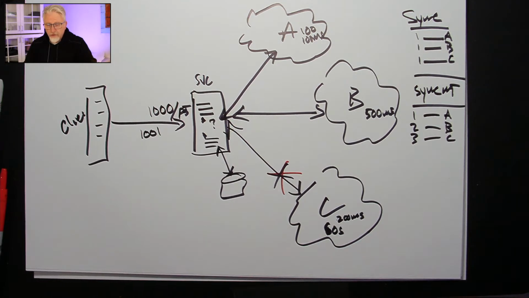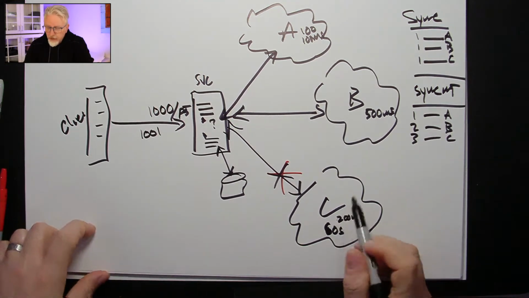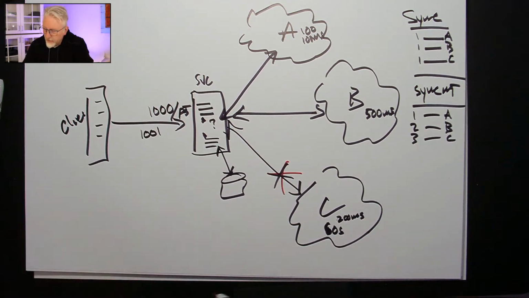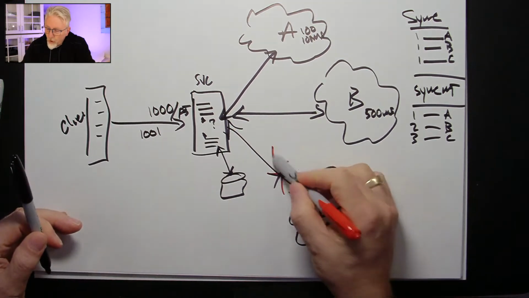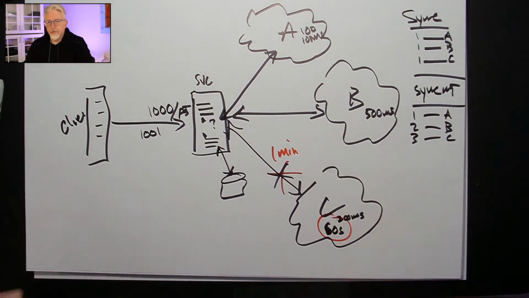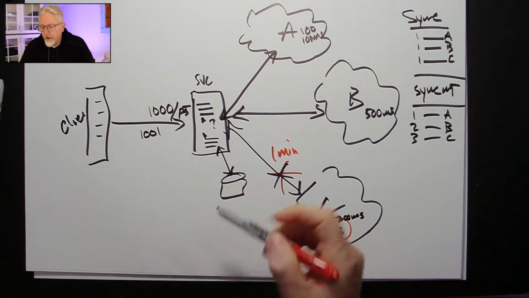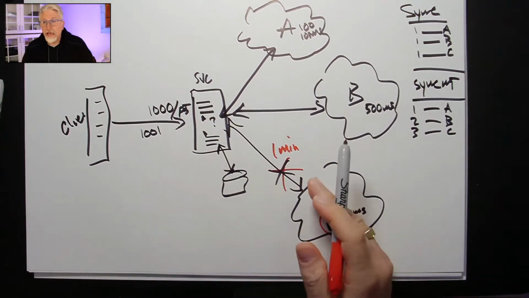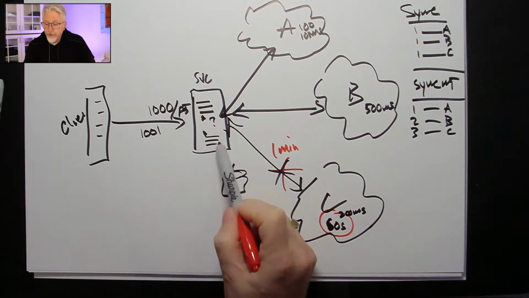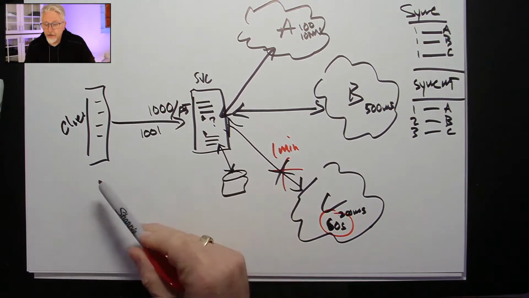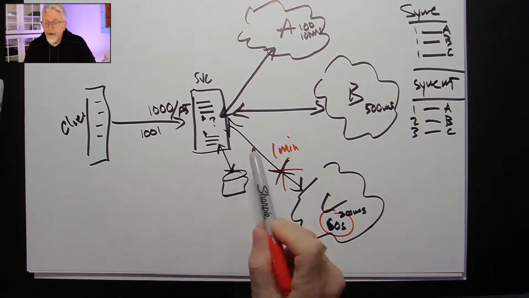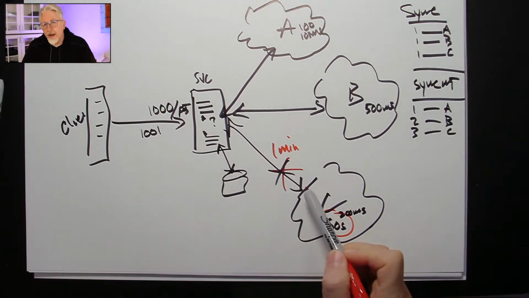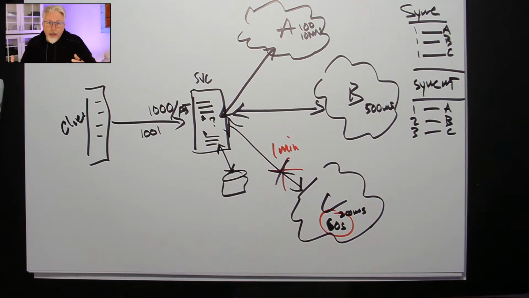Everything's synchronous, but the minute service C, and I'm going to circle this right here, goes to that 1 minute response time, all of those threads will come in going to A, going to B, going to C, or in parallel going to C. Hey, I'm ready to finish up the last part of my processing and return to the client, but I'm sitting and waiting. I'm actually sort of hogging the thread pool, sitting there waiting for this 60-second response.